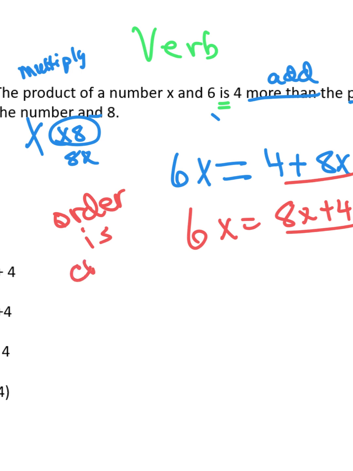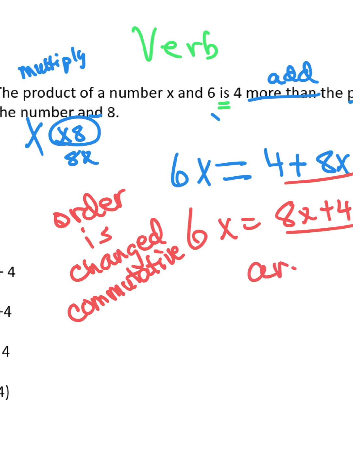And the order being changed, we know, takes place when you are adding 2 numbers, and the property that allows that is the commutative property. Therefore, these 2 answers are the same. They are exactly the same answers. Therefore, your correct answer should be answer A.